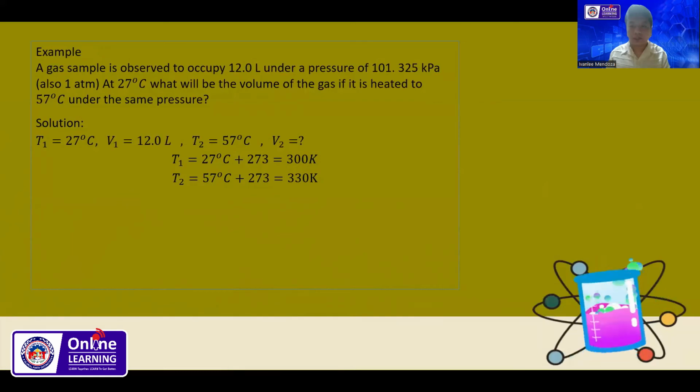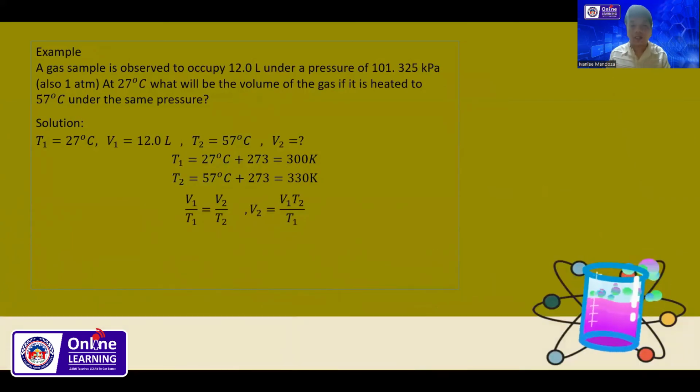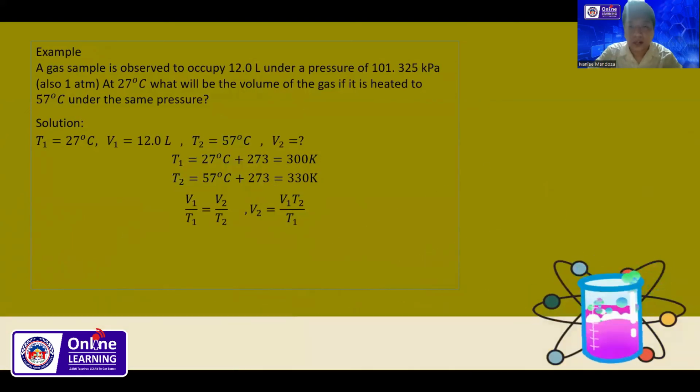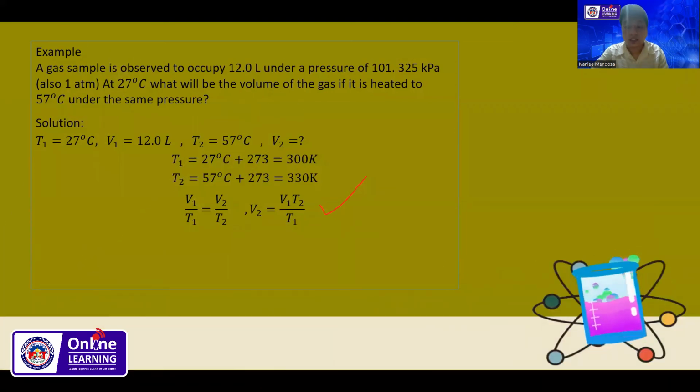After expressing the temperature in Kelvin, we can now use the formula of Charles' law. Since we need to determine the value of V2, if you derive the formula, you will come up with this: V2 equals V1 times T2 over T1.